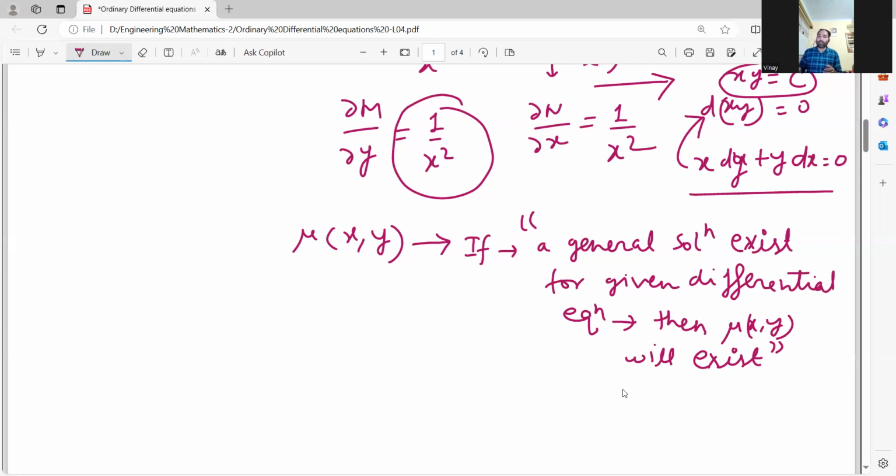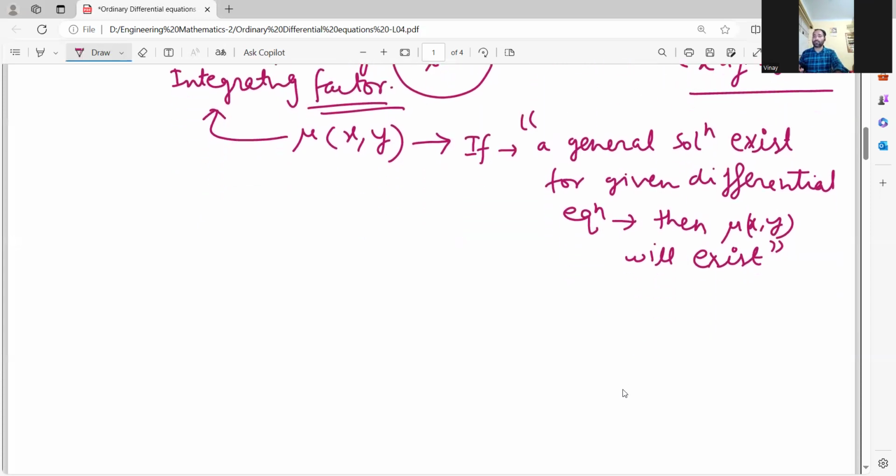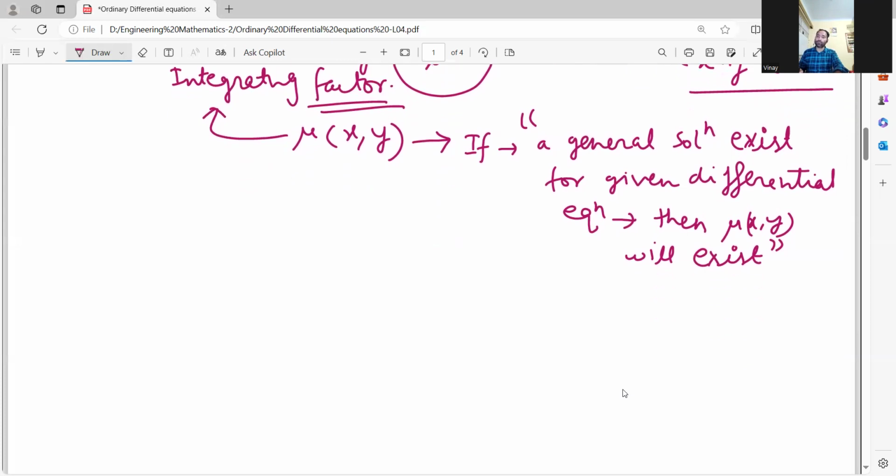Now let's continue. We need a proper method to find this factor, and this factor is called the integrating factor. Remember, we are still doing first order differential equations, first order ODEs. Now, how are you going to find this mu?